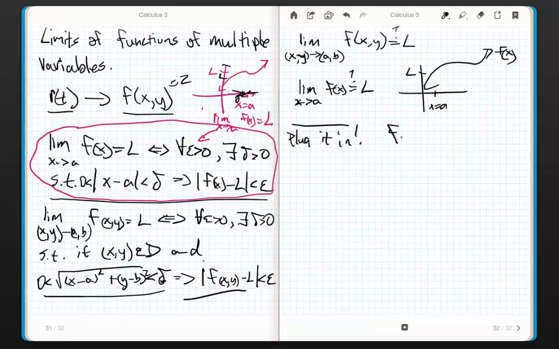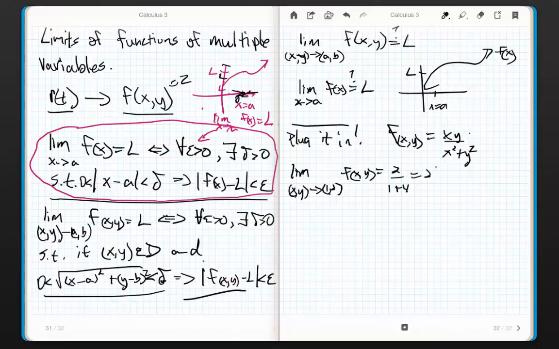So I'm going to write a function. F of xy is equal to xy over x squared plus y squared. Now if I want to find the limit as xy goes to 1, 2 of f of xy, it's a no-brainer, right? 1 times 2 is 2 over 1 plus 4.